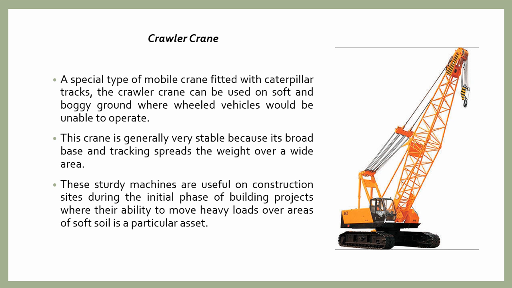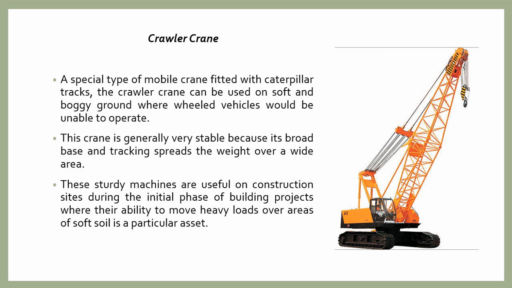Next one is the crawler crane. This is a special type of mobile crane which is fitted with caterpillar tracks, and the crawler crane can be used on soft and boggy ground where wheeled vehicles would be unable to operate.